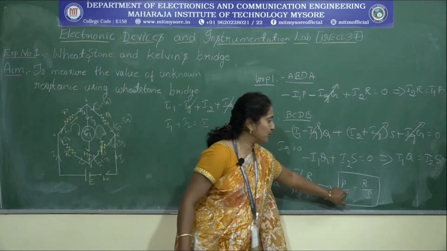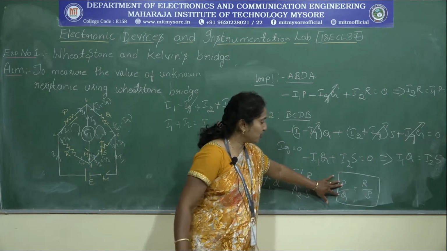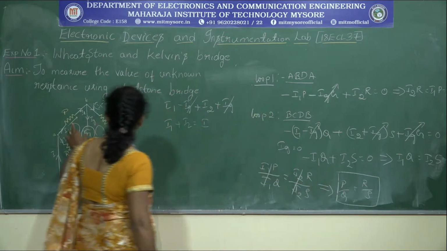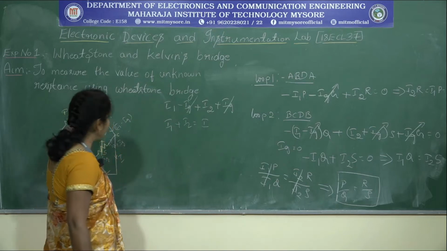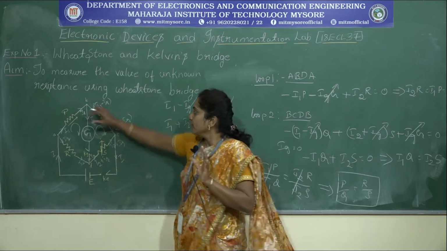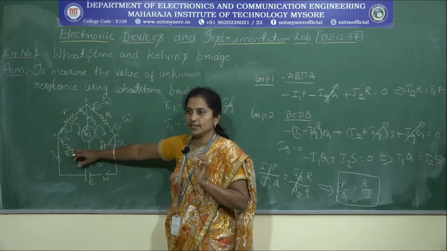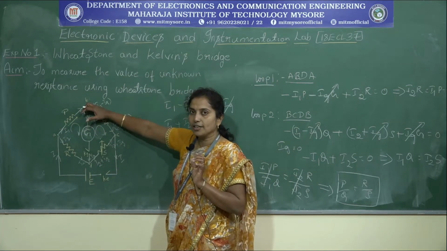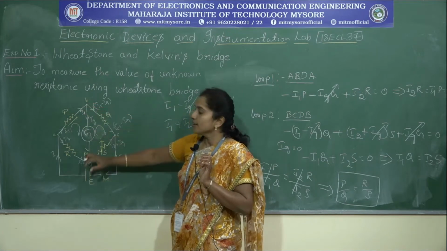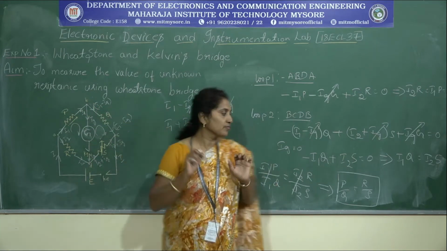P by Q is equal to R by S. The ratio of the two resistances P by Q is equivalent to the ratio of the other two resistances, meaning the ratio of one arm is equivalent to the ratio of the other arm.